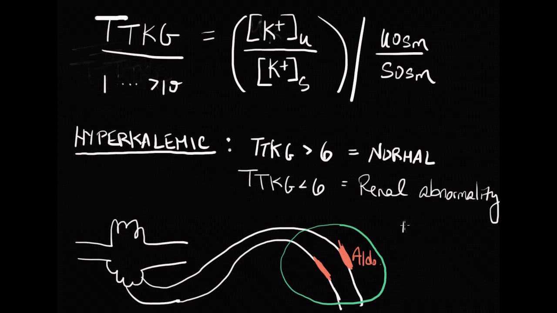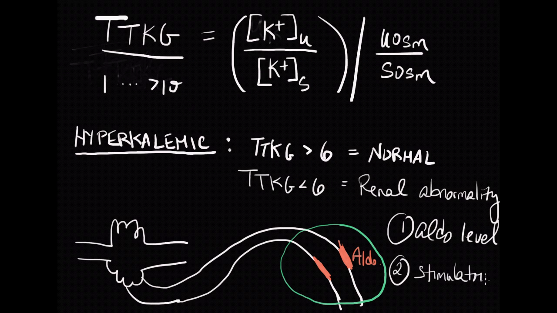The first is that you can actually measure an aldo level in the serum to convince yourself that you don't have as much aldosterone as you should, or you do a stimulatory test. And that's what we're going to talk about on the next slide. Aldo level or stimulatory test.